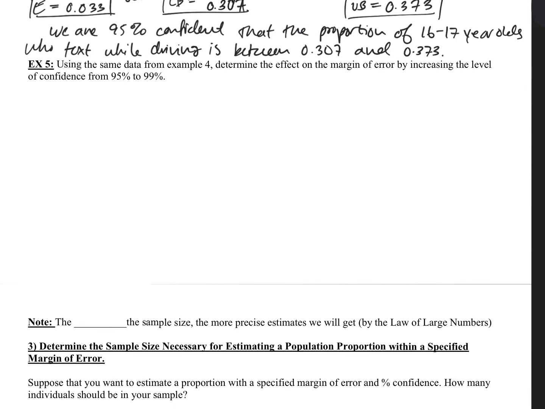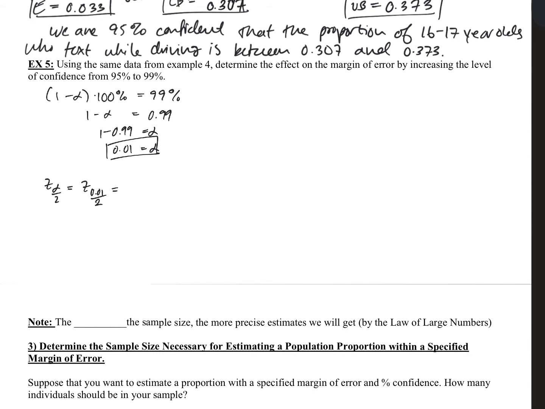Well, first off, for a 99% confidence interval, we're going to look at alpha times 100 equal to, and this time we're using 99%. Solving for alpha, 1 minus alpha is equal to 0.99, and then 1 minus 0.99 is equal to alpha, so we have 0.01 is alpha. Next, we need to find z of alpha divided by 2, which is going to equal z of 0.01 divided by 2.